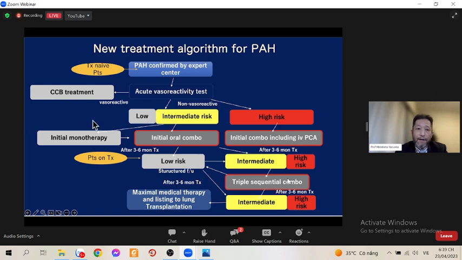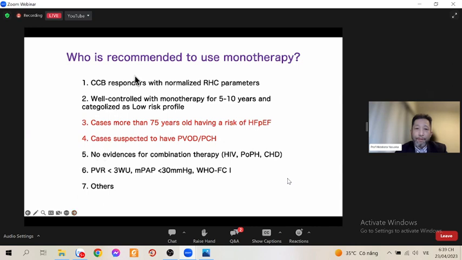However, there are some patients who should go to initial monotherapy. So what kind of patients go to initial monotherapy? This is a list for using monotherapy. When we look at this list, mild patients are included, like CCB responders, those well controlled with monotherapy for 5 to 10 years, or very mild patients.